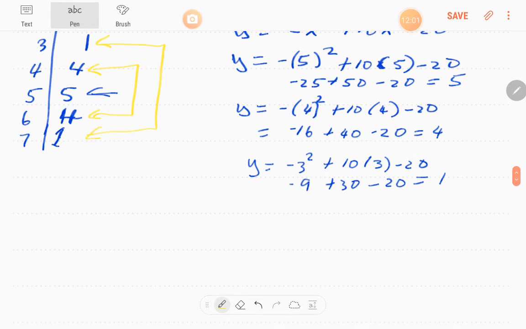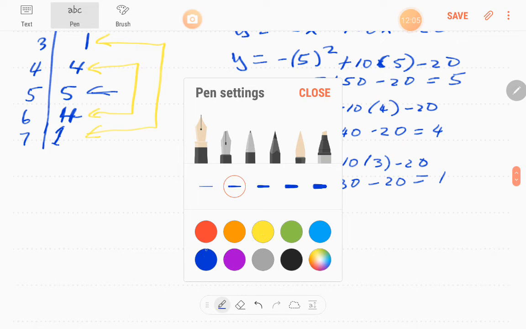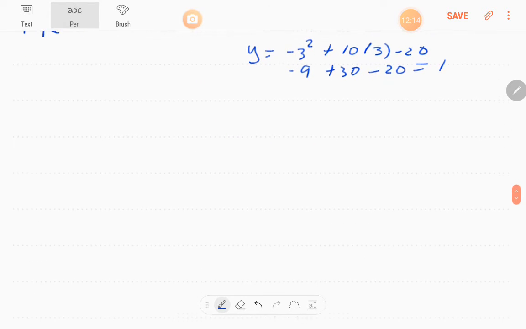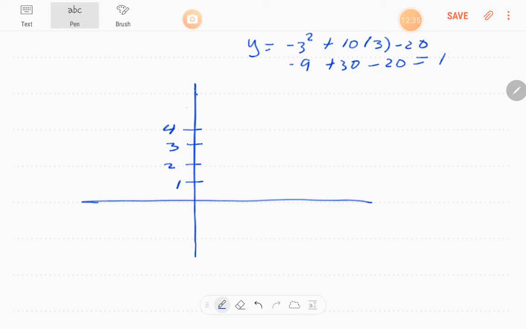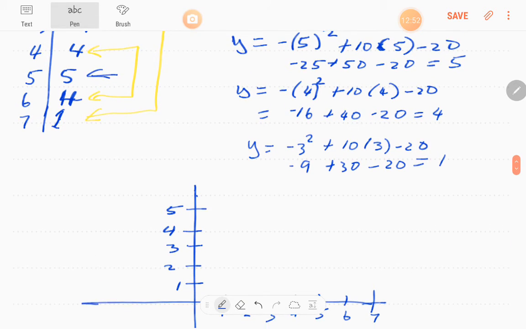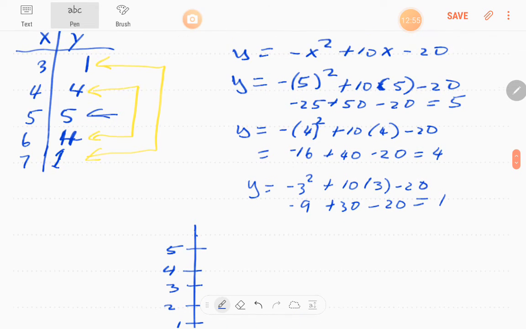Okay, and we could do a quick graph of this. Our points here, let me change the color.